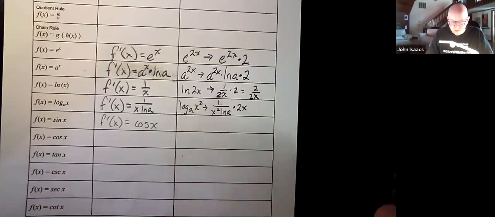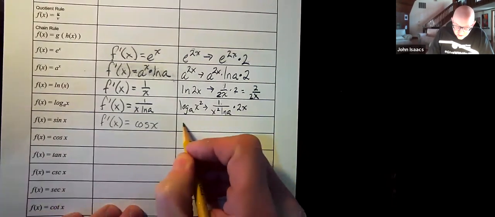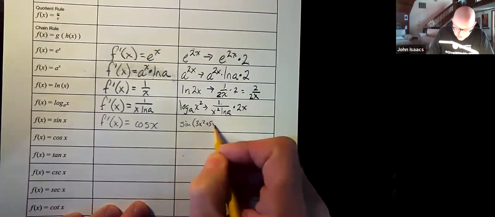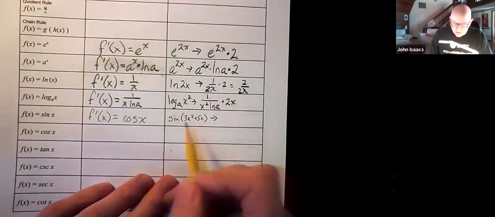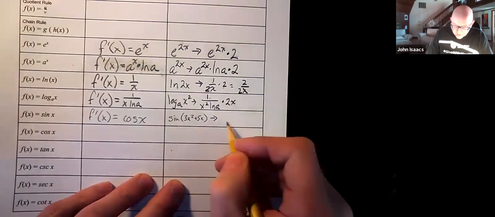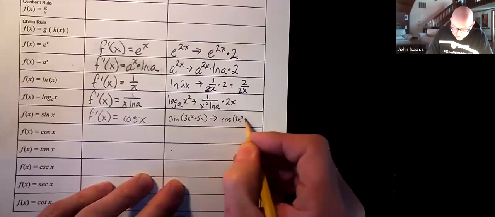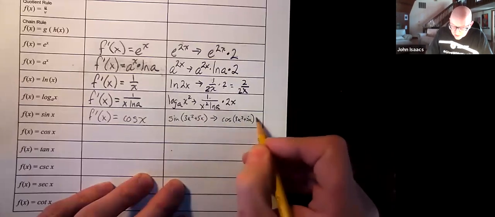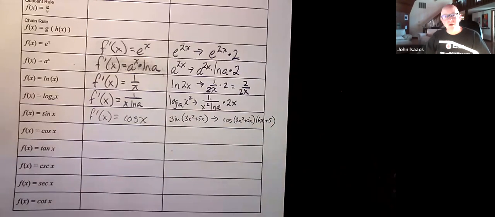If the function were sine of 3x squared plus 5x, then when we take the derivative, we would have cosine of 3x squared plus 5x, times the derivative of what's inside, times 6x plus 5. So we have to follow the chain rule.